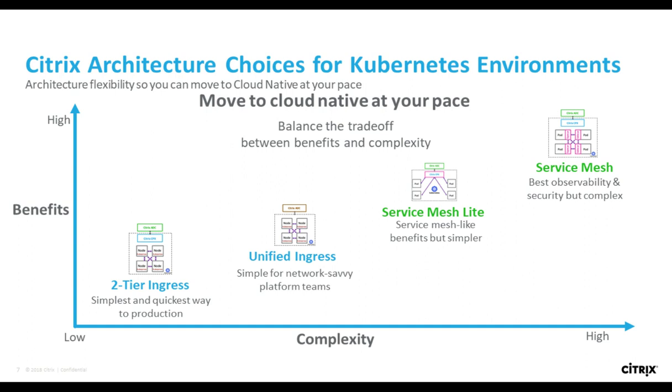The simplest and easy to deploy for production is the 2-tier ingress, which you see in the left lowermost corner.